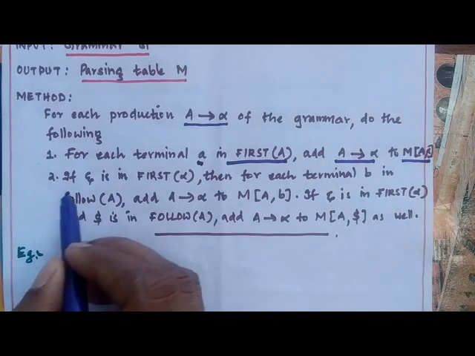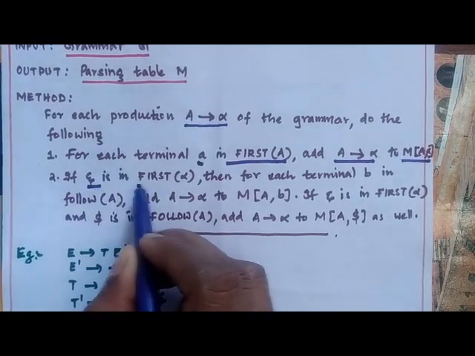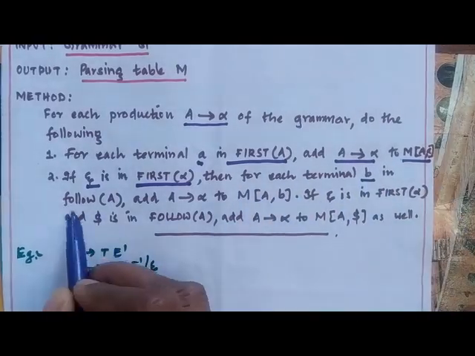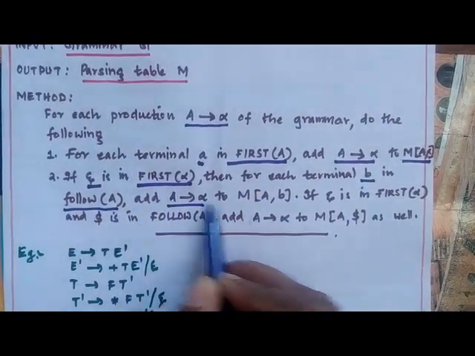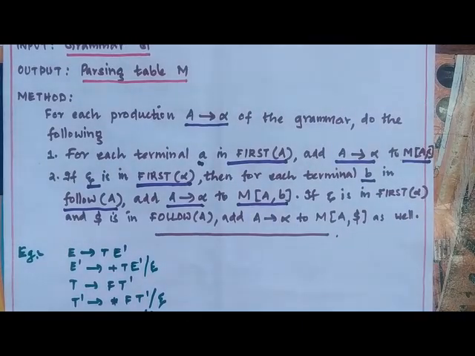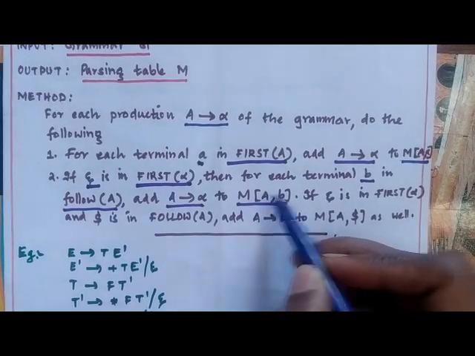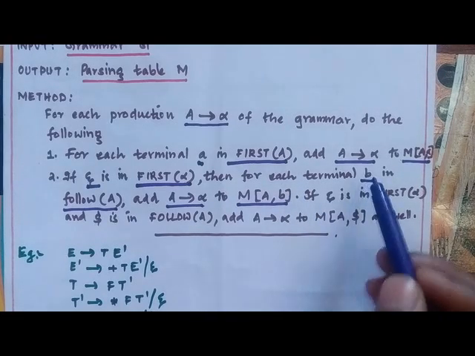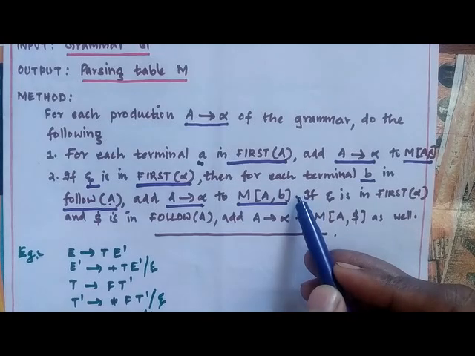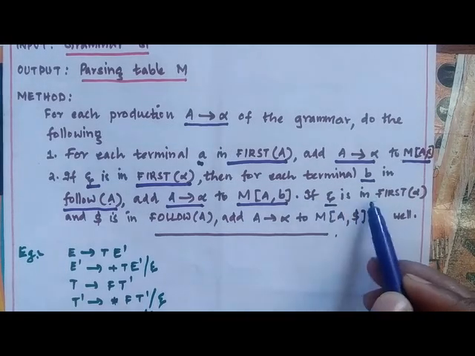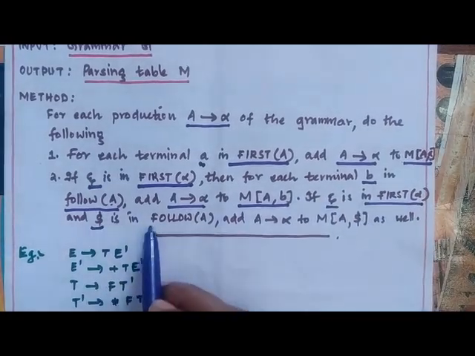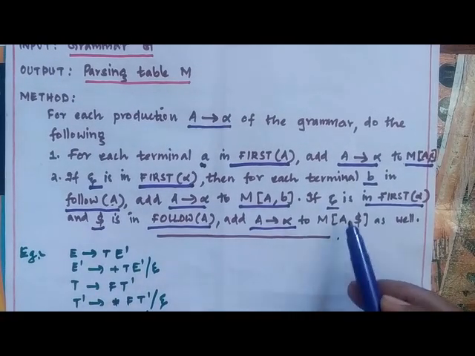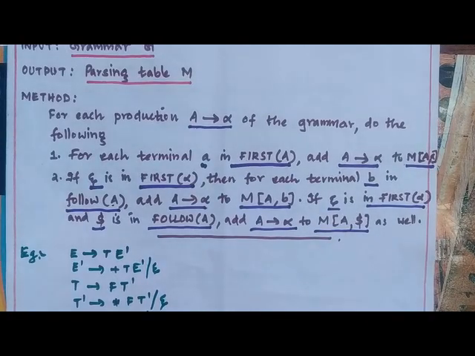The second step is, if epsilon is in first of alpha, then for each terminal b in follow of A, add A gives alpha to M of A, b, where A is a non-terminal and b is a terminal symbol present in follow of A. If epsilon is in first of alpha and dollar is in follow of A, then add A gives alpha to M of A, dollar.